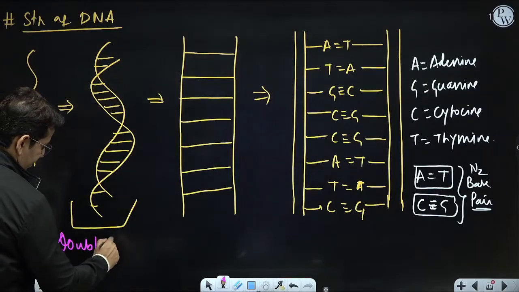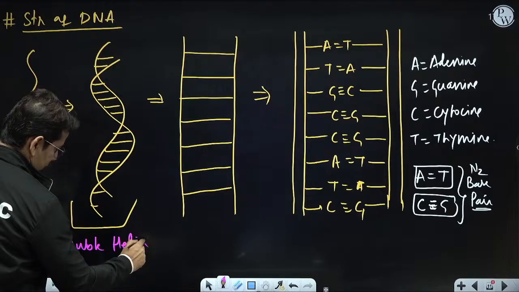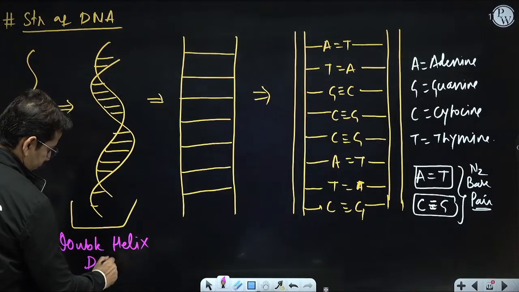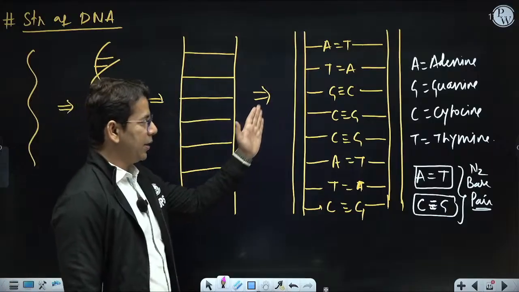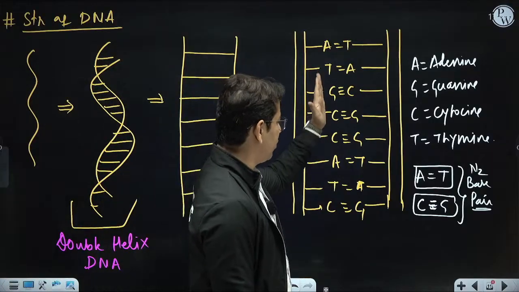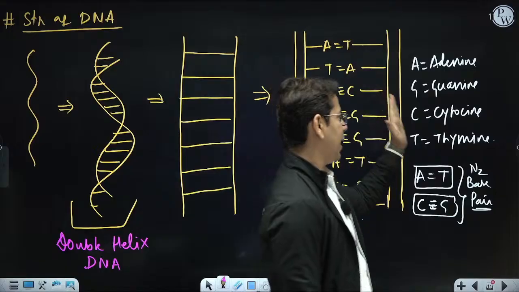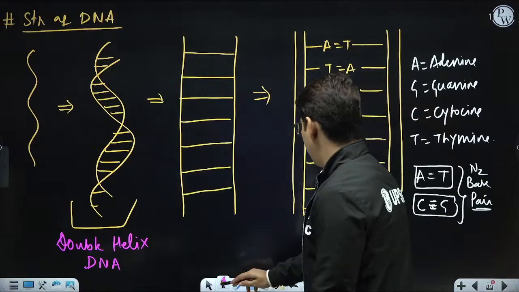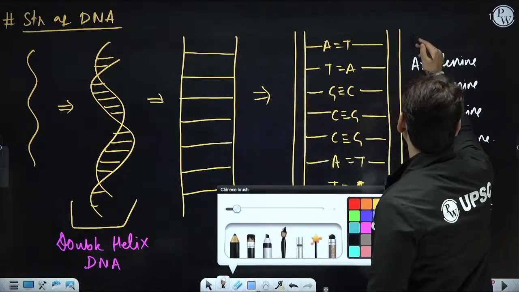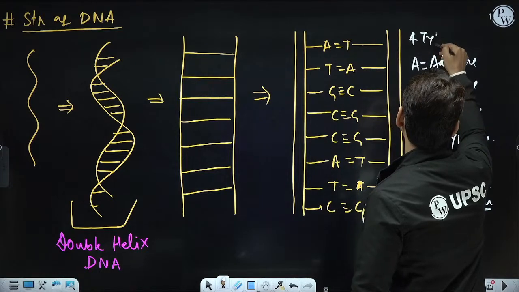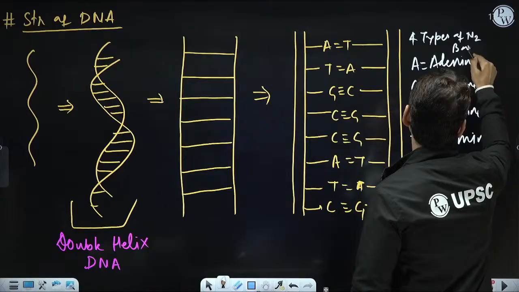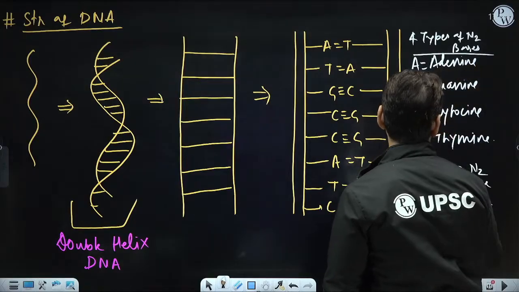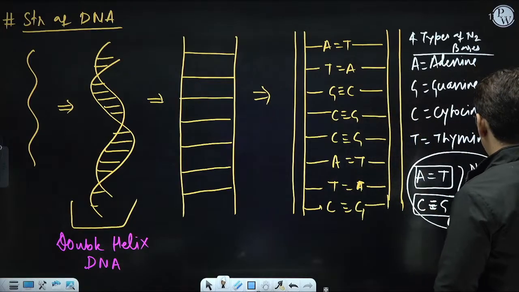Double helix DNA. And then we have untwisted it. When we zoom into it, it looks like this. 4 types of nitrogenous bases, and then 2 types of base pairs.